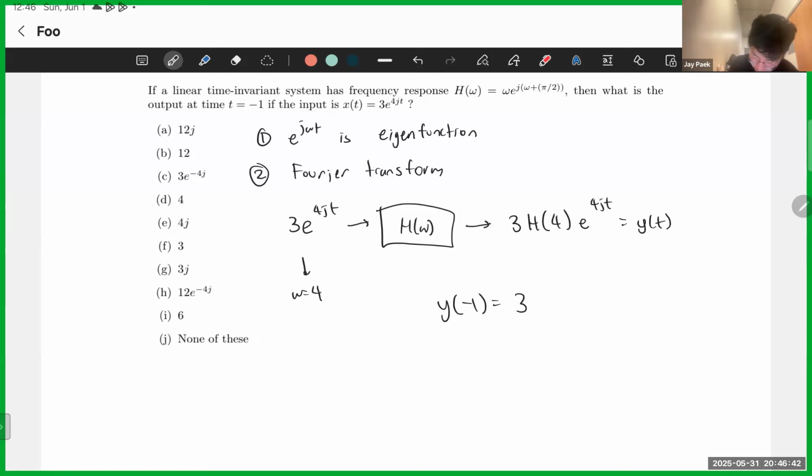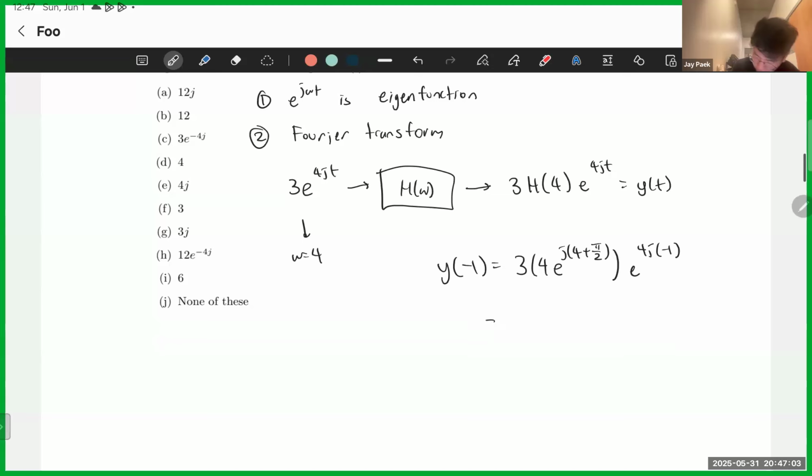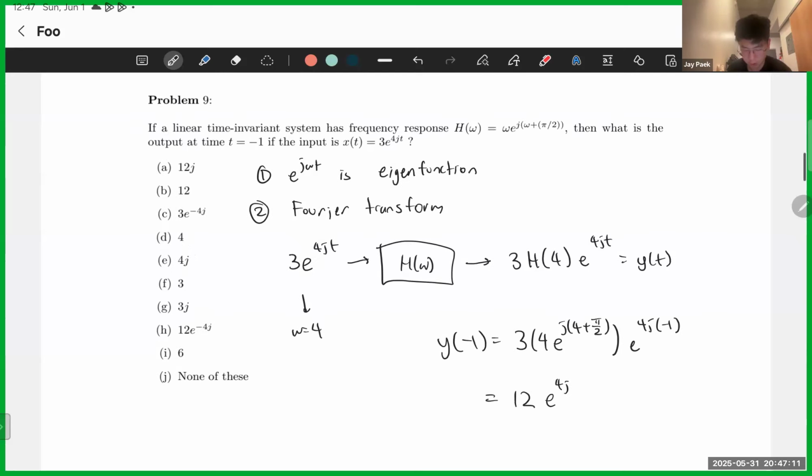So it's 3 times h of 4, which is 4 times e to the j 4 plus pi over 2. Doesn't look too fun. And then times e to the 4j -1. Hopefully I'm not wrong there. And so we have -12, we have 12, we have 4j. That is odd.